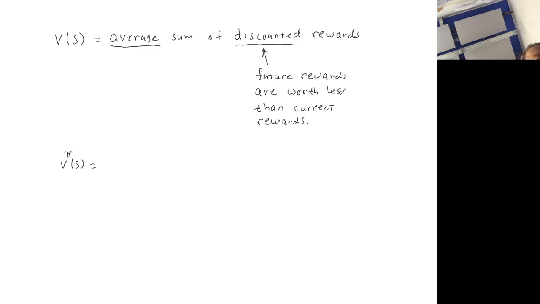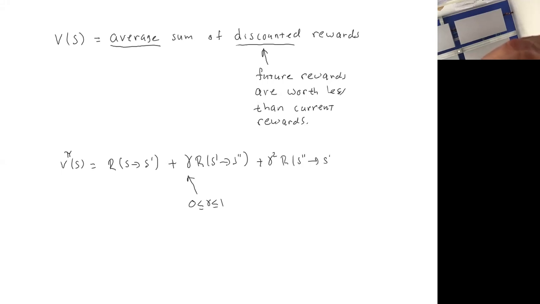So it's basically the reward you get from going from state S to S prime, plus gamma, this is in the future, times the reward you get from going from state S prime to S double prime, where gamma is between 0 and 1, it can even be 0 if you want, plus gamma squared times R of S double prime, S triple prime, plus dot, dot, dot. So the farther you go in the future, the more your rewards are discounted.